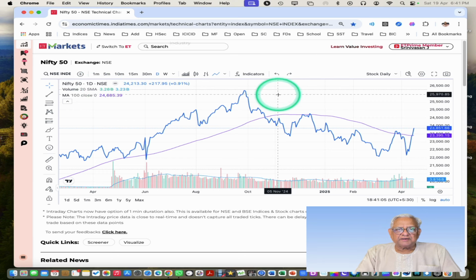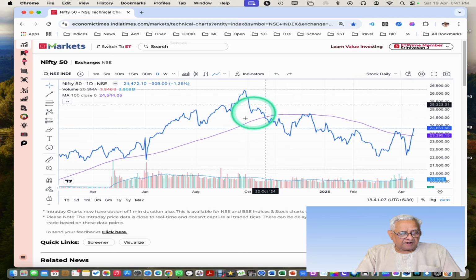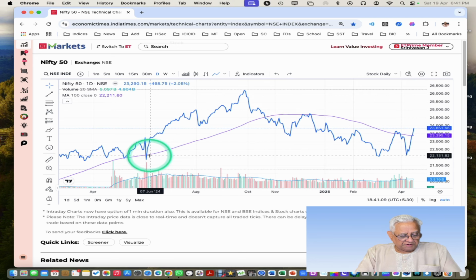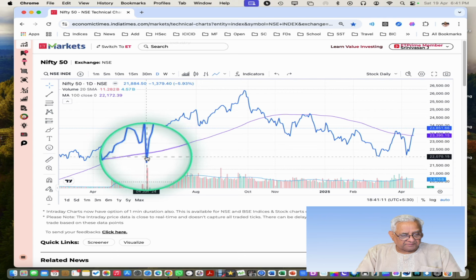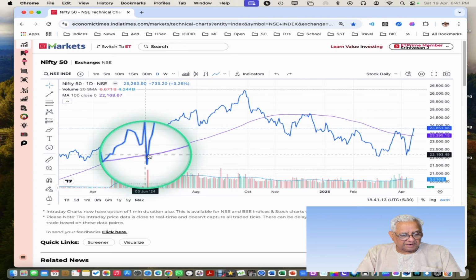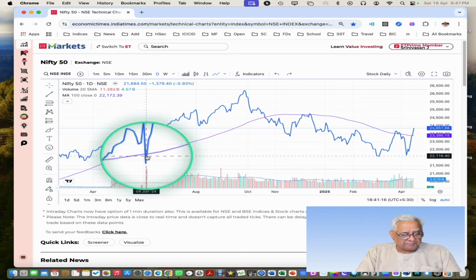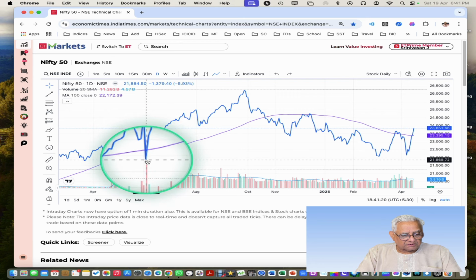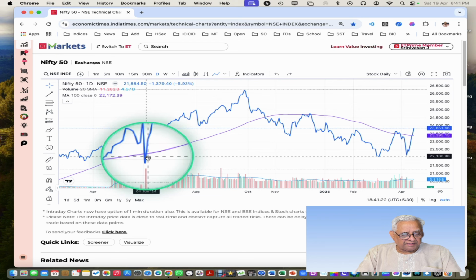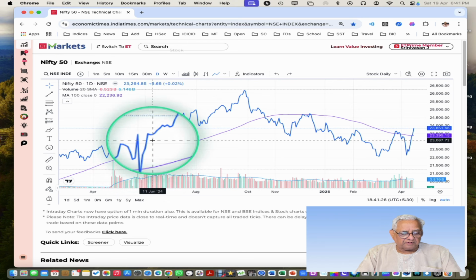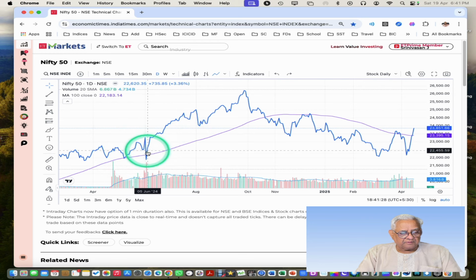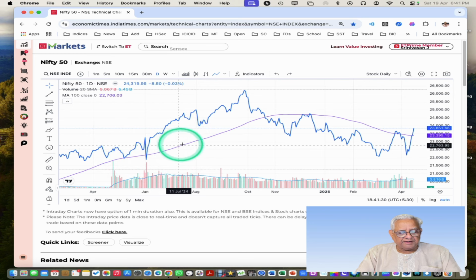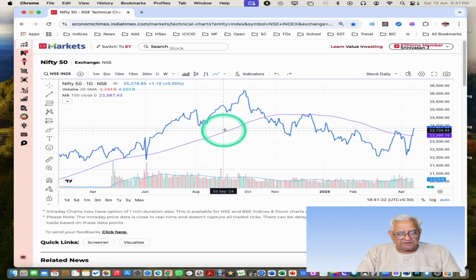After drawing the 100 day moving average, I found that over here there was a sell signal and a buy signal. When is a buy signal? When the price chart crosses the 100 DMA or any moving average and goes above the 100 day or any moving average.